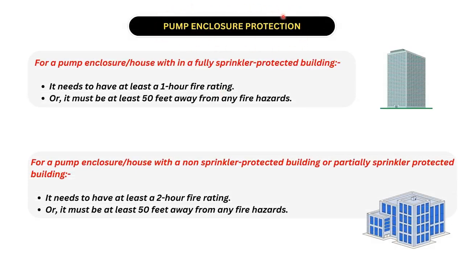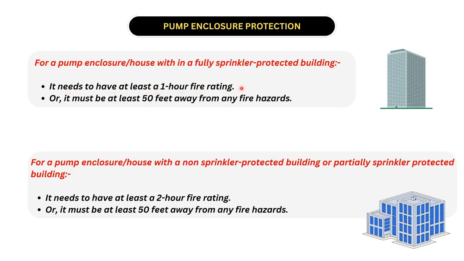Basically, if the complete building is served by the automatic sprinkler system, then the fire pump must be at least 50 feet away from any fire exposures or fire hazards. Or else, if the fire pump is inside this particular building, it needs to have at least a 1 hour fire rating.